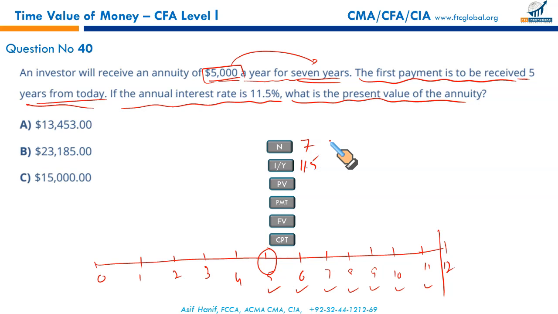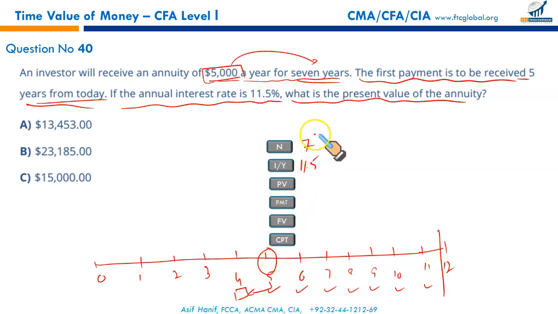We need to calculate the present value. This present value we calculate for these payments will be as of year 4. When we calculate the present value of these 7 payments received in year 5, 6, 7 onwards till year 11, it will be the present value at the end of year 4.